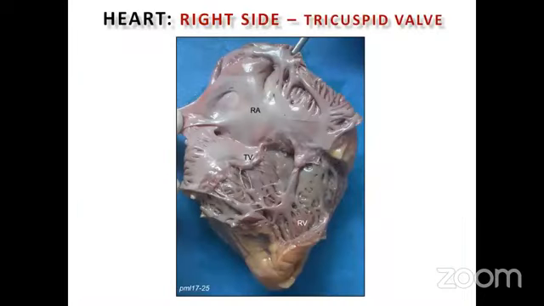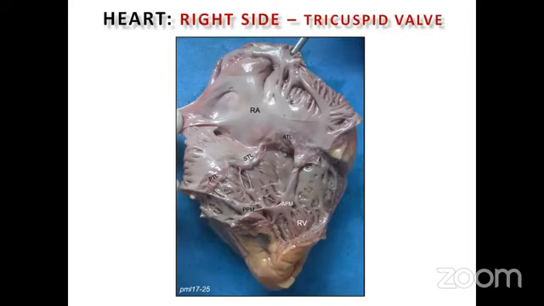With that, we move to the appearance of the tricuspid valve. Now, the tricuspid valve, as its name suggests, has three leaflets: the anterior, the septal, and the posterior leaflets, and hence three commissures: the anteroseptal, posteroseptal, and the anteroposterior commissures.